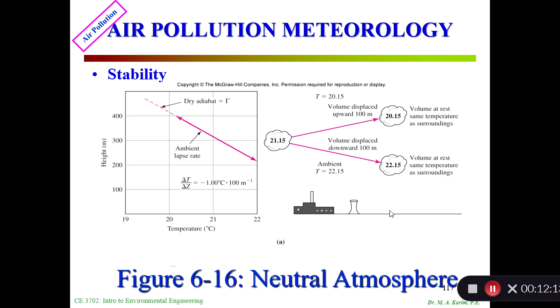This looks like neutral. In this case, delta T over delta Z is equal to -1.0 degrees Celsius per 100 meters of elevation. That means, with height on one axis and temperature on the other, whatever the slope comes out to be.